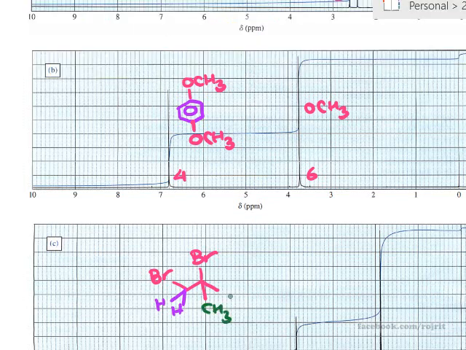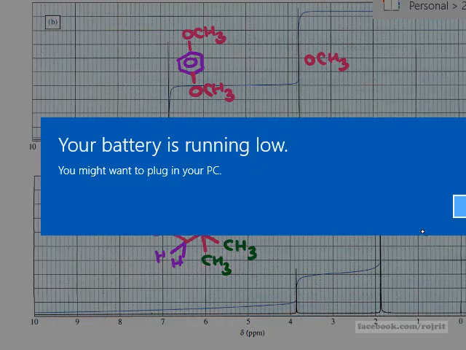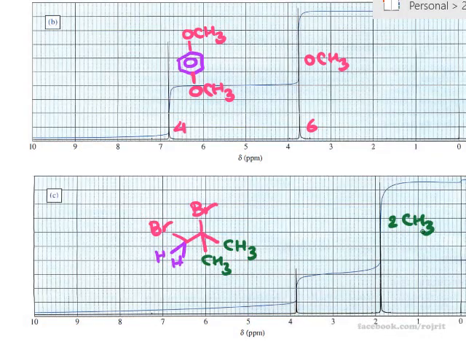The methyl groups are far from Br. So the two methyl groups with integration of 6 appear at about 1 something, very far. But the purple color, because it's very close to the bromine, is 3 something. So the purple color is the CH2, and the integration is okay. It seems to be 2 to 6, right?